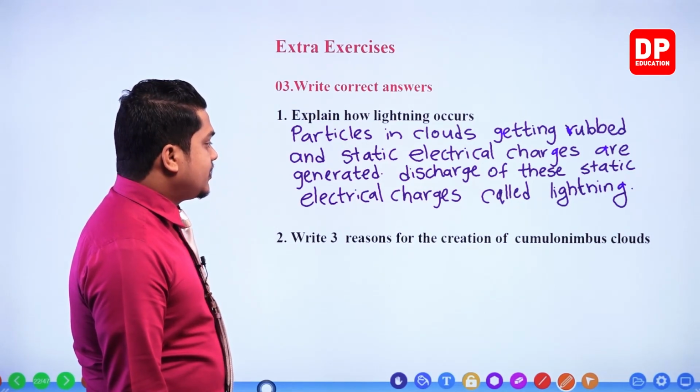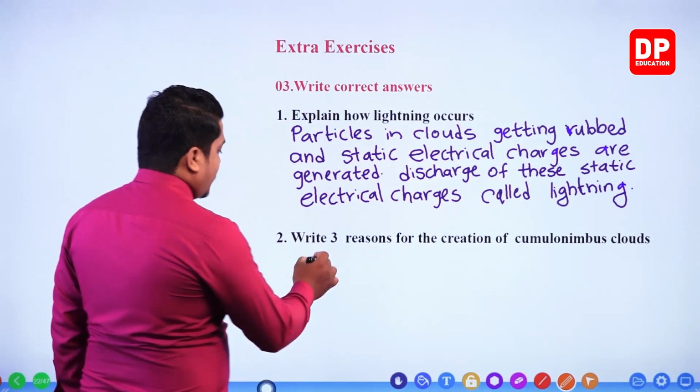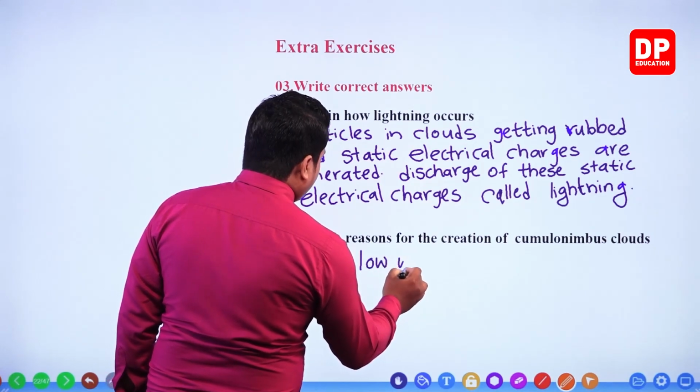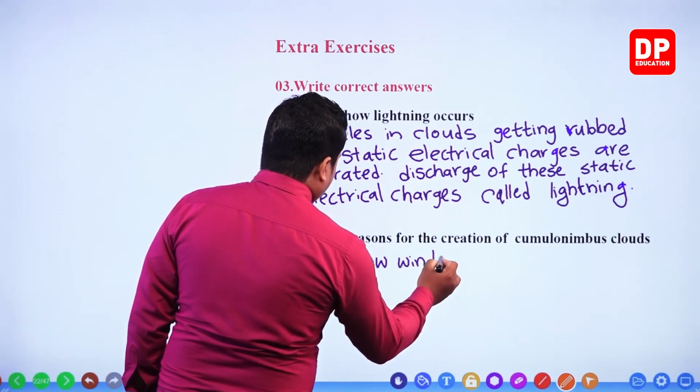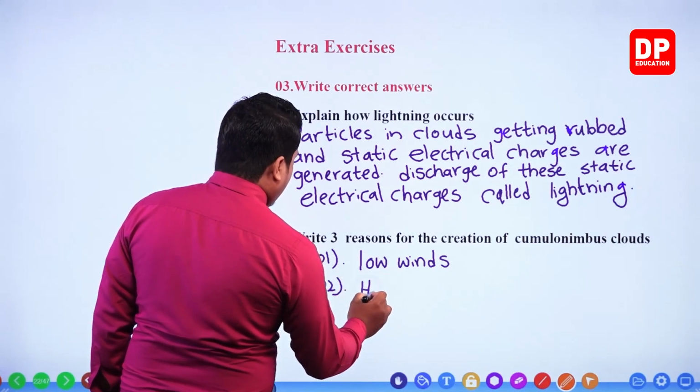Write 3 reasons for the creation of cumulonimbus clouds. Right, number 1, low winds. Number 2, high humidity.